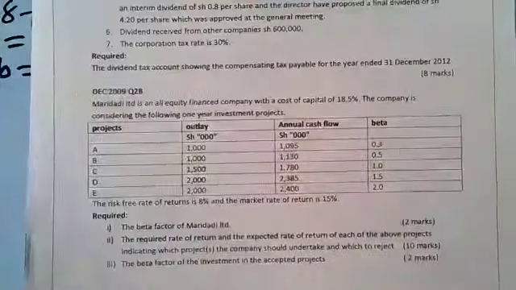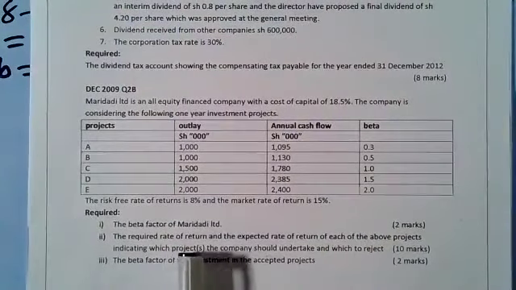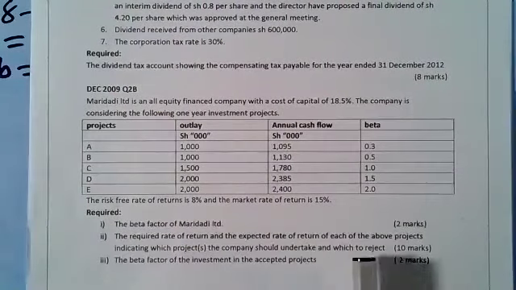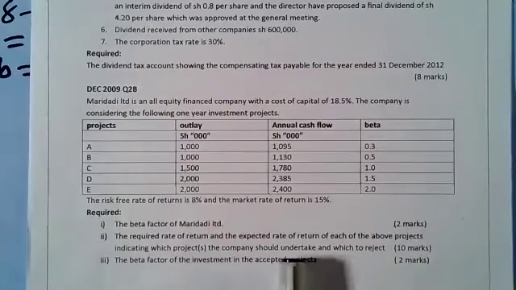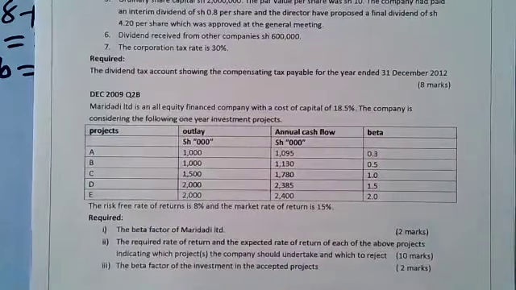Good. Now let's go to part B of the question. That was part A. Required: the required rate of return and the expected rate of return for each of the above projects, indicating which project the company should undertake and which one to reject. So you advise on which project to accept and which to reject.